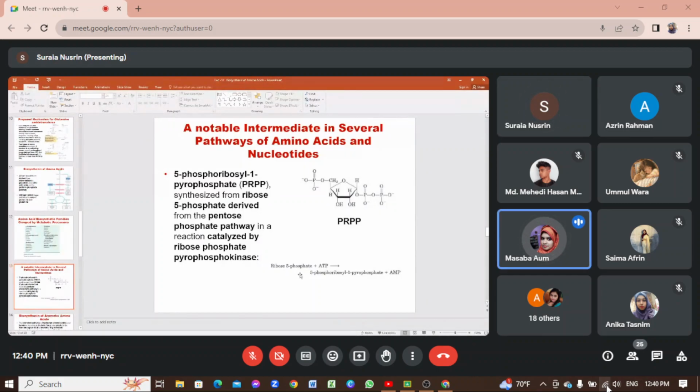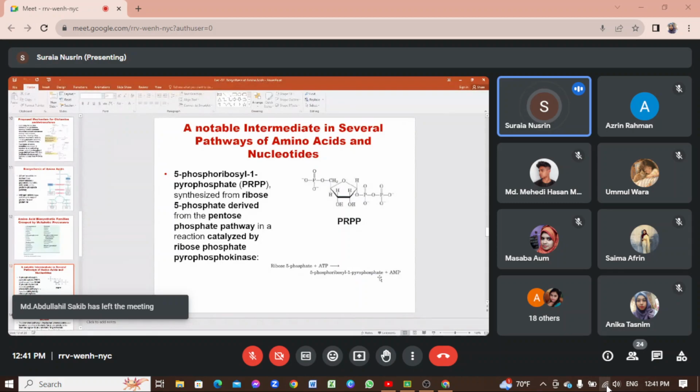The pentose phosphate pathway. Yes. From the pentose phosphate pathway we get ribose 5-phosphate, and in this reaction ATP provides the pyrophosphate, which is attached to the number 1 carbon of the ribose sugar, giving rise to 5-phosphoribosyl 1-pyrophosphate, and ATP becomes AMP.